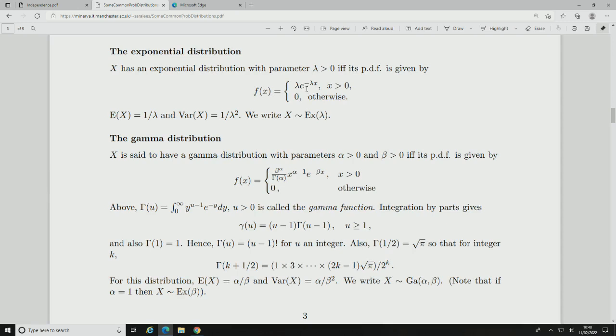It's kind of an abuse of notation here, because exponential is a continuous distribution, so the probability that X equals something is actually equal to 0.